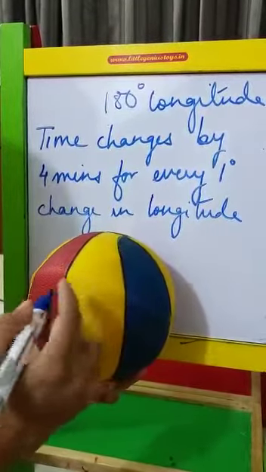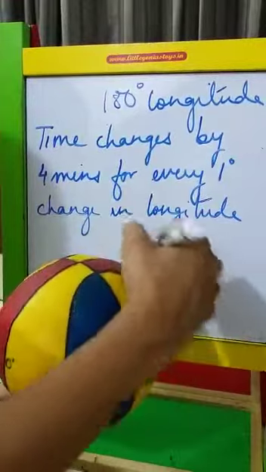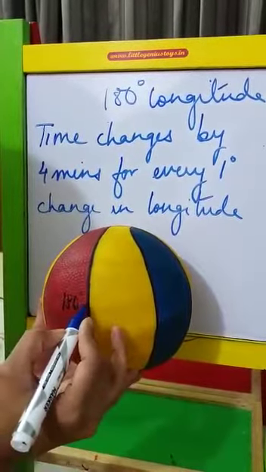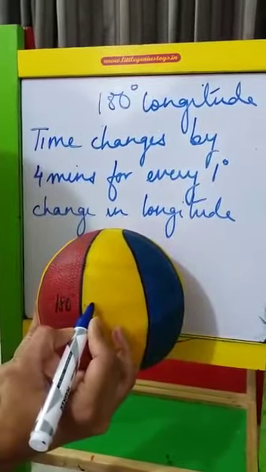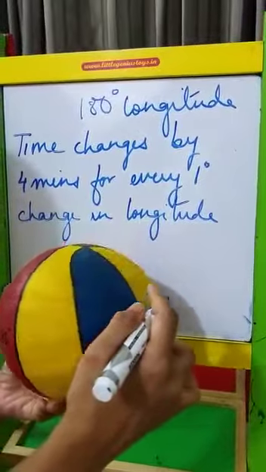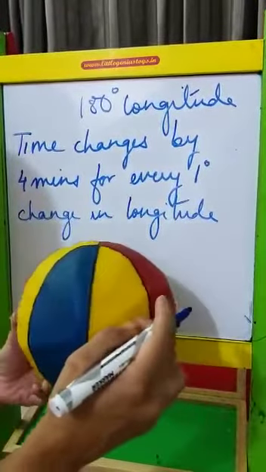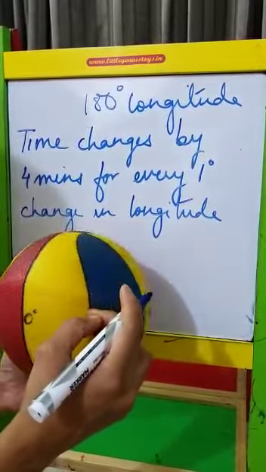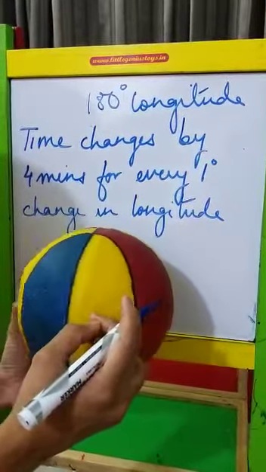So in this way, when we keep on moving, say if I start from the 180 degree longitude, 4 minutes, 8 minutes, 12 minutes, 16 minutes, 20 minutes, we continue moving, and we are covering the total expanse of the earth.